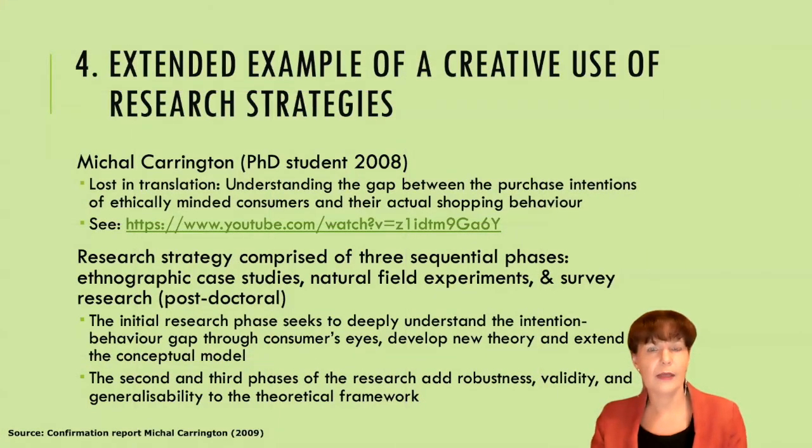So this is the PhD student in question, Michael Carrington. She studied ethical consumer behavior and tried to understand why some consumers would have ethical intentions, but might not behave ethically in terms of ethical consumption. So they intended to buy ethically, but they didn't do so in practice.